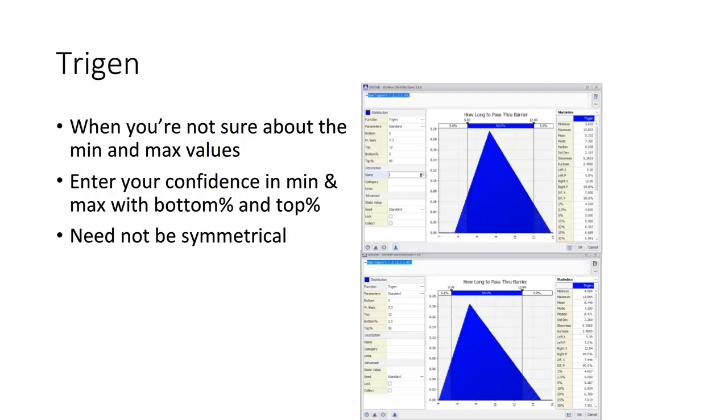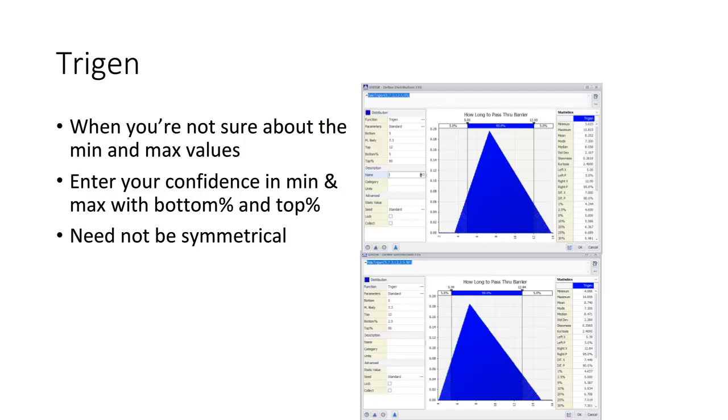And then there is a bottom percent. And here you would enter a value. You might say, well, 5% of all the values could be below my minimum or my bottom of 5 minutes. So if you think it's 5%, you would enter a 5 there. If you think there's only a 1% chance it would be less than 5 minutes, you would enter a 1 there.